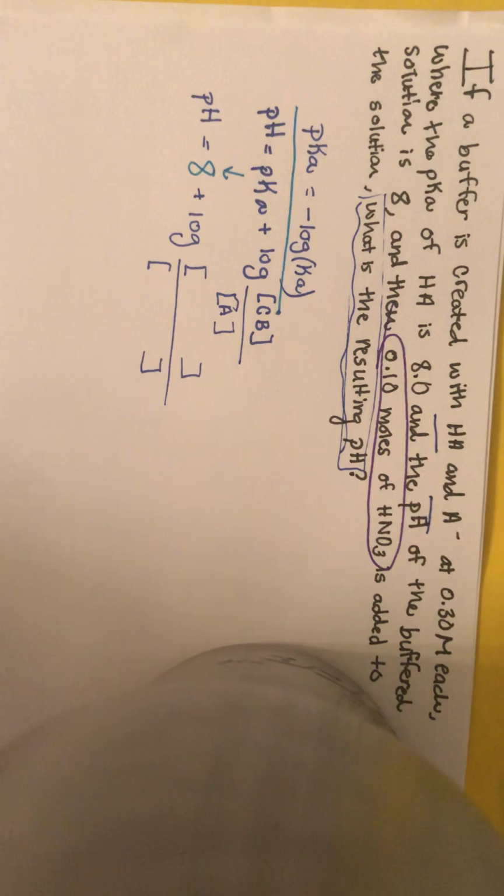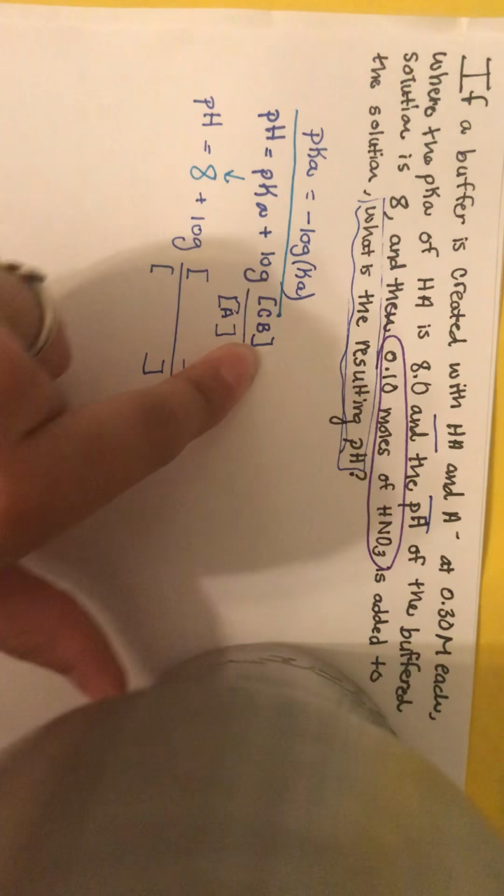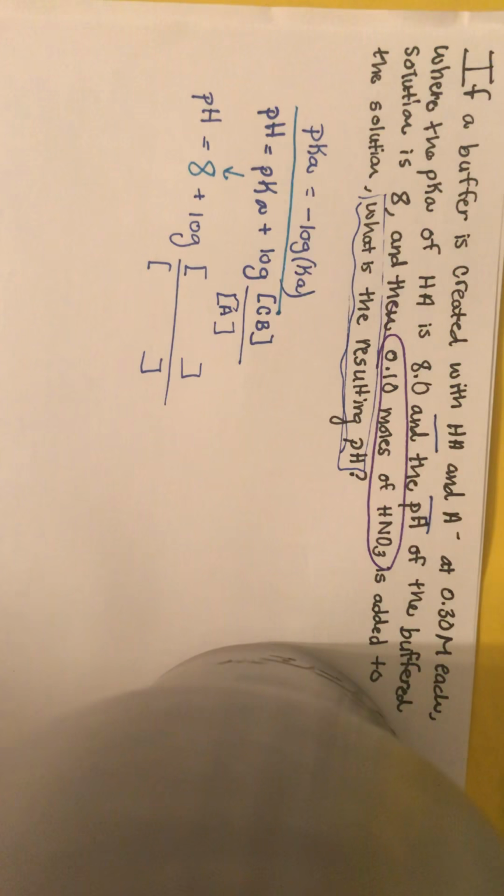So anytime something is added to the acid or the base, it needs to be subtracted from the other. It's like anytime something gets oxidized, something else in the reaction also gets reduced.